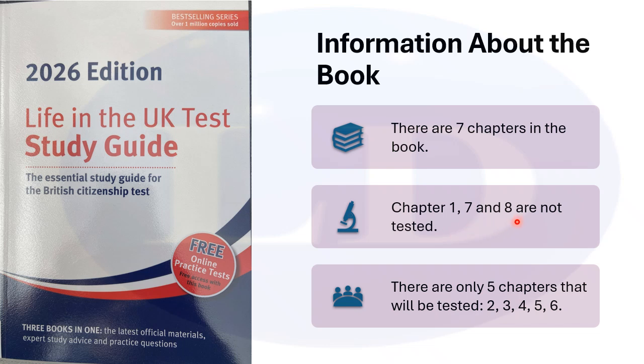Chapter 1 is information, and 7 and 8 have some practice tests and other information. Chapters 2, 3, 4, 5 and 6 are tested, which means you have to prepare these 5 chapters to pass your Life in the UK test.